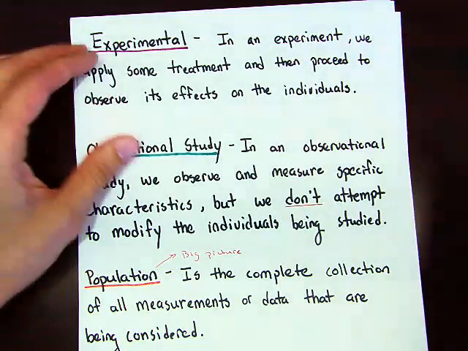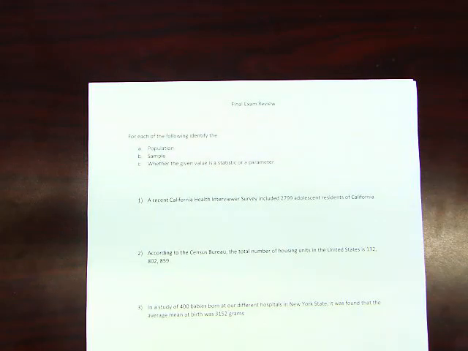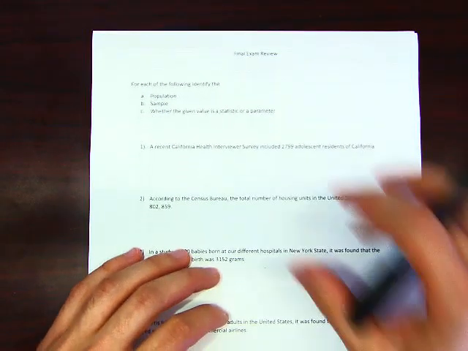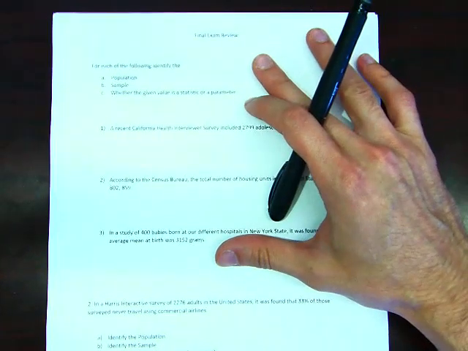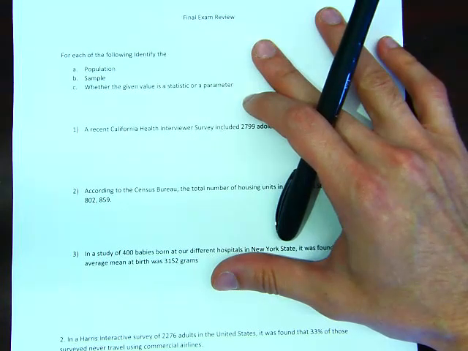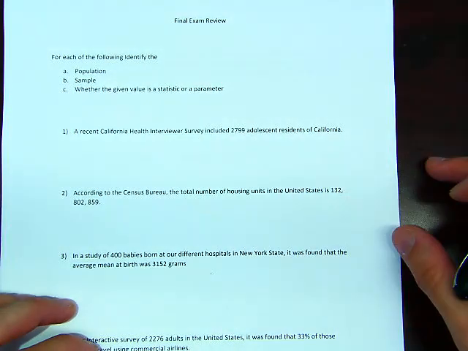What I did here was print out some extra sample problems for question 1 for you to go over. I'll try to put this up in the YouTube link or wherever. So you can pause the video and copy these questions down.